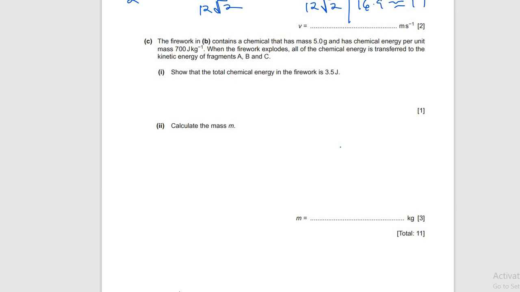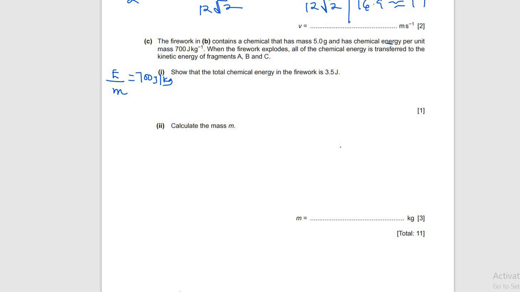You need to be careful of this statement. Energy per unit mass is 700 joules per kg. That's energy per unit mass.